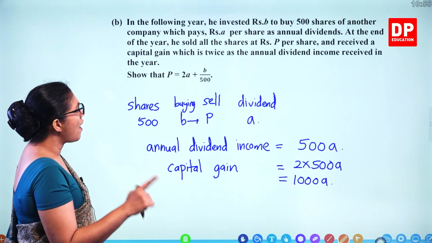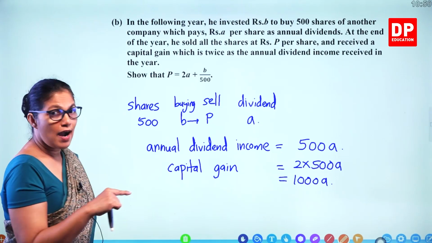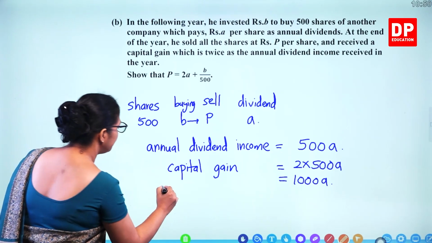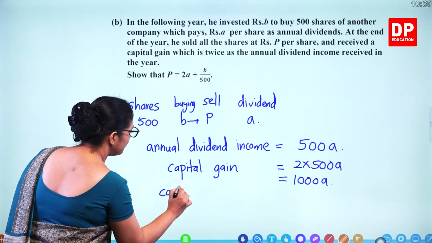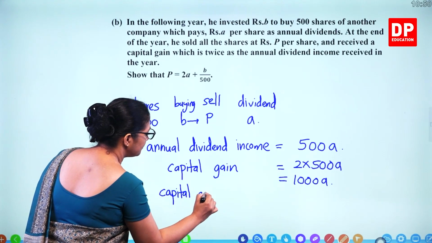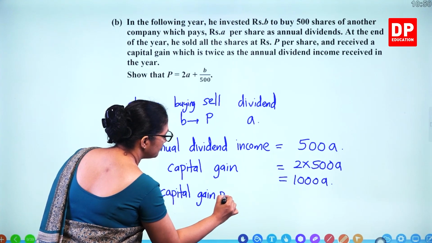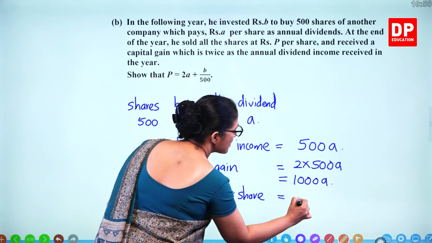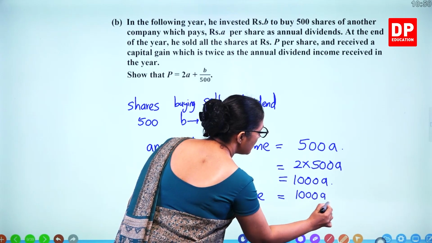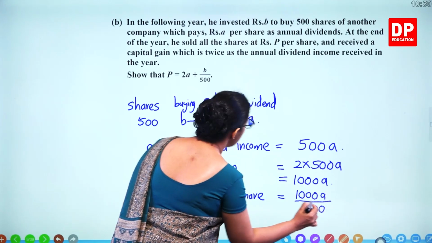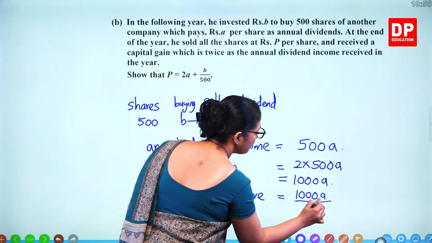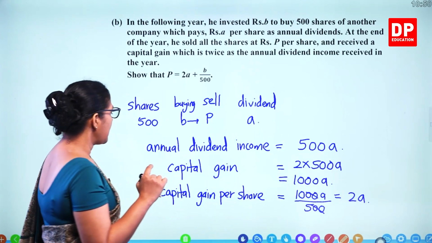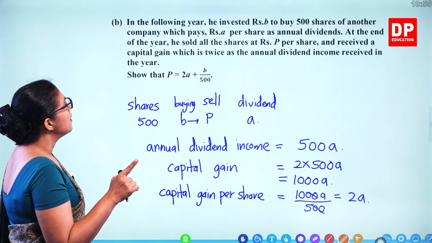So when you divide by 500, you get capital gain per share. That's 1000 divided by 500 shares. 2A. That's the capital gain per share.